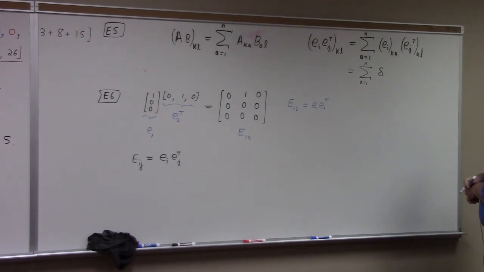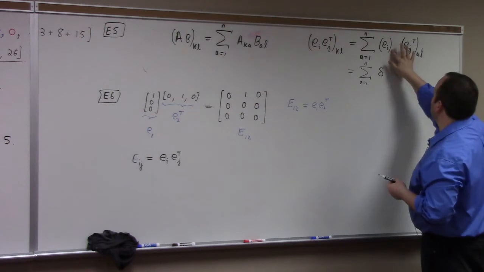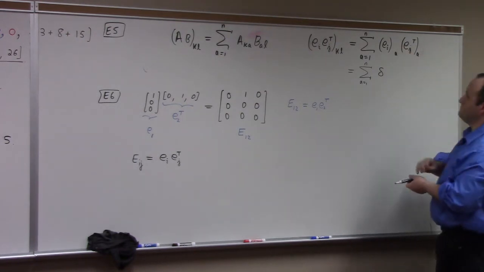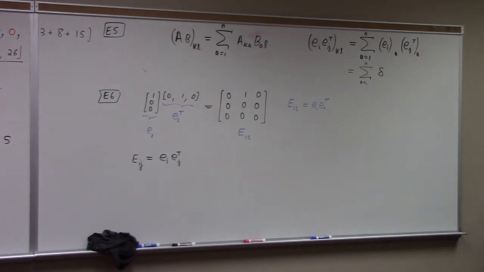What would that even mean, e_i k? e_i is what? It's a column vector, right? It's just got a single index. So what I should write here is just this. No, that's still wrong. I think I chose poorly.